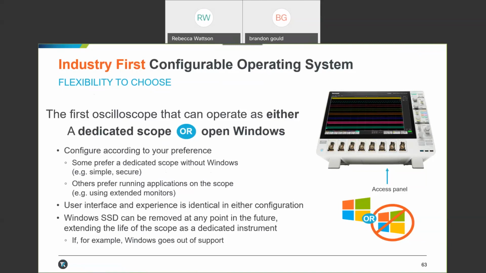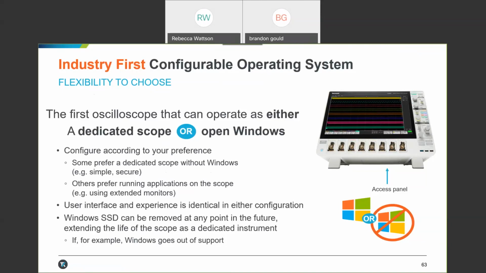Again, one of the things that they learned from being out there. If you're in even a more compliance-heavy zone, like maybe you're in a military or government application, there is an option when you purchase the scope as well. It needs to be done in the factory, but it locks down all USB ports, all hard drives, and so no customer data can ever be saved from the scope.